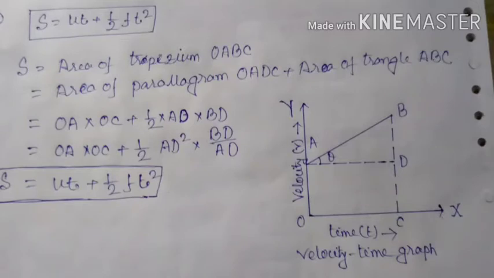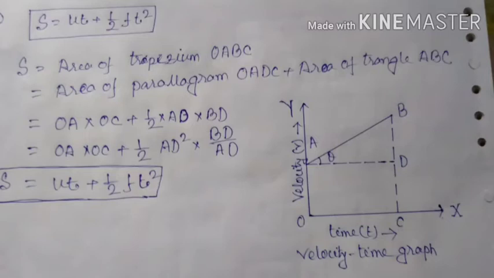Now the equation number 2, s is equal to ut plus half of ft square. To prove this equation, we have to consider the same velocity time graph. According to this graph, we have to find s, that is displacement. Displacement in a velocity time graph can be represented by its area.